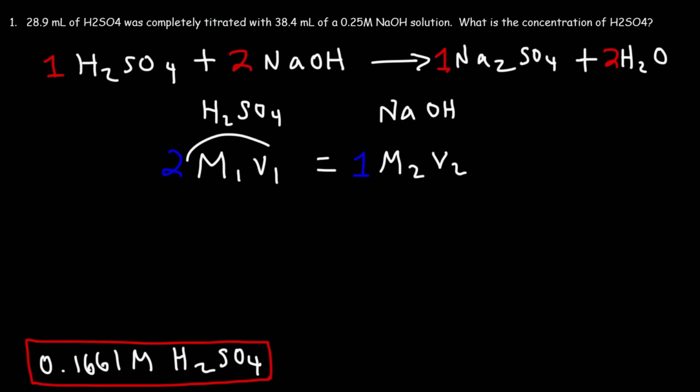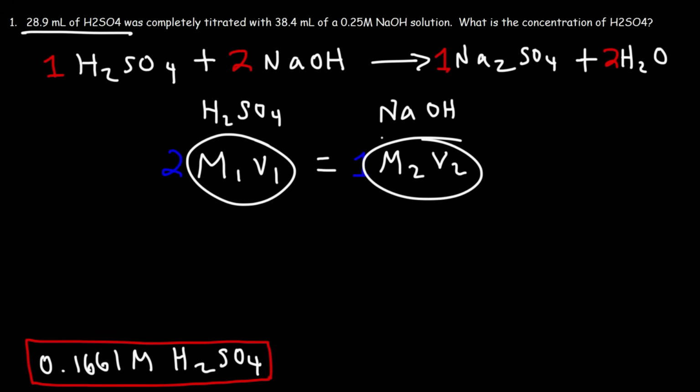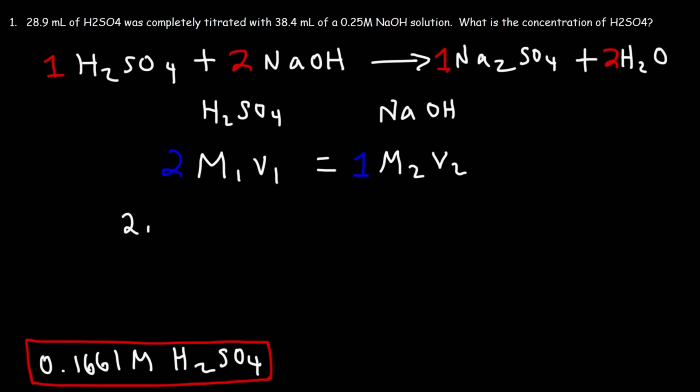So remember, M1V1 is going to be the information for H2SO4. M2V2 is going to correspond to the information for NaOH. If you mix it up, it won't work. So we're trying to calculate M1, the original concentration of H2SO4. V1, the volume of H2SO4, is 28.9 milliliters.